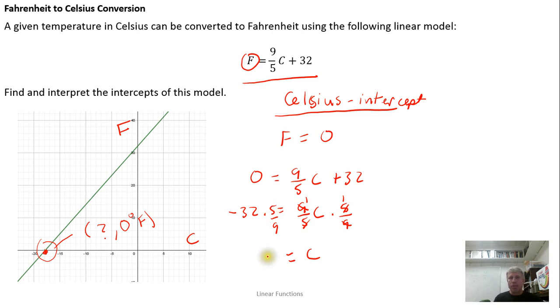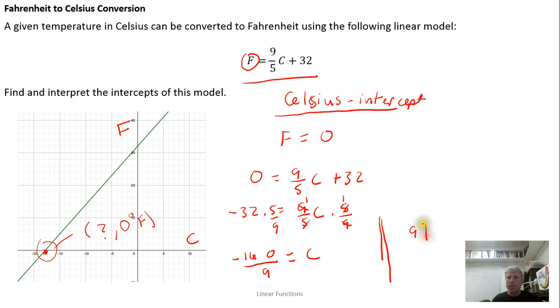And then if we multiply this, we're going to get negative 160 over 9. And we could convert that if we wanted to into a mixed number if it gave us a better sense of what the temperature was.